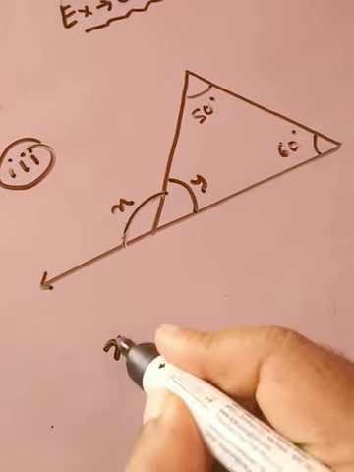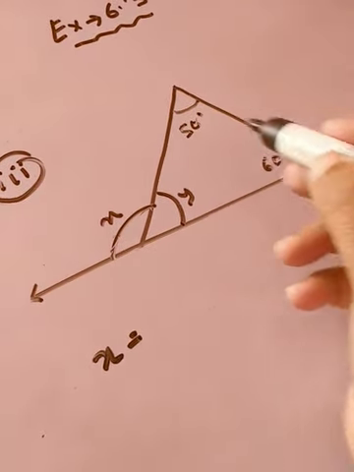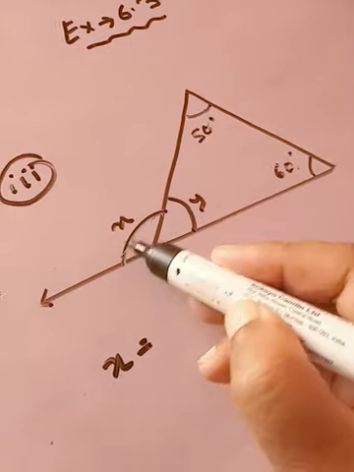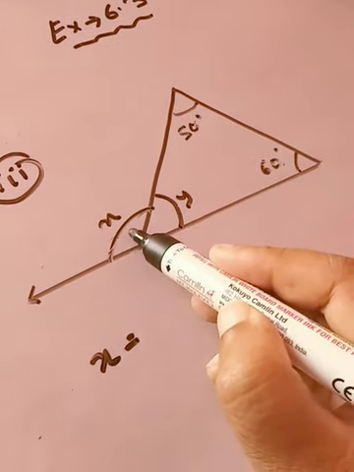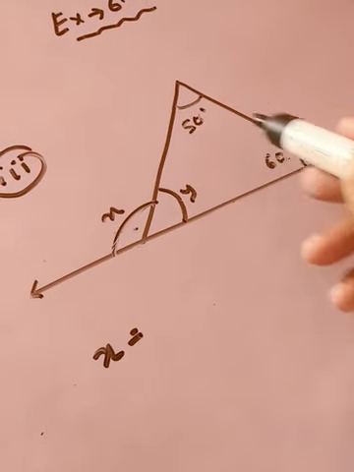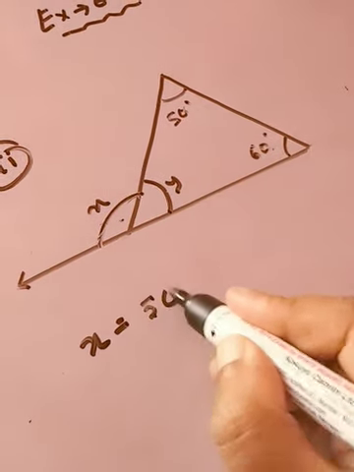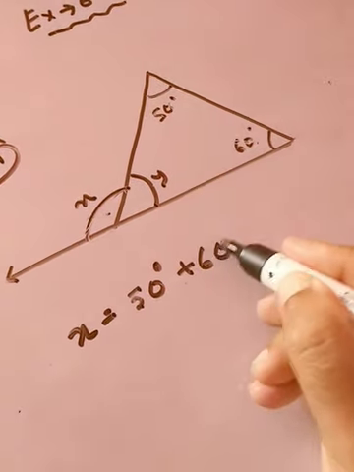Let's start with x. So x equals what? The sum of these two angles. Exterior angle equals sum of opposite interior angles. So to this exterior angle, these are the two opposite interior angles. So we'll write 50 degree plus 60 degree.